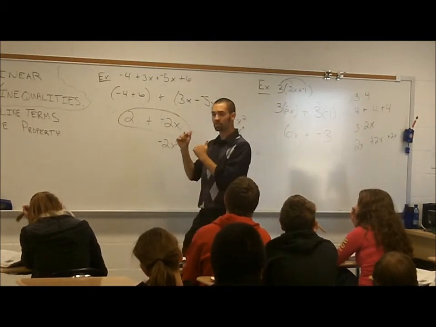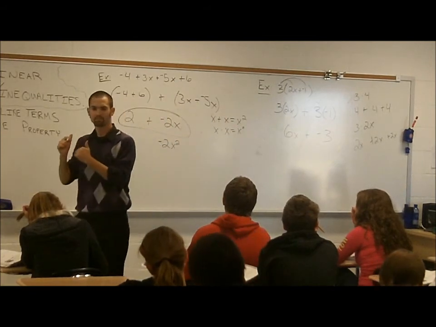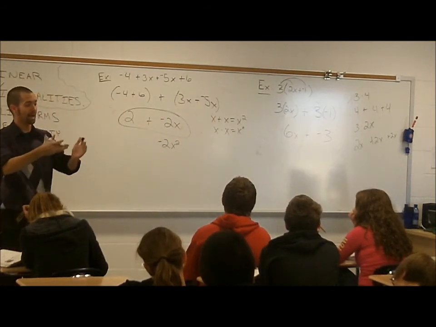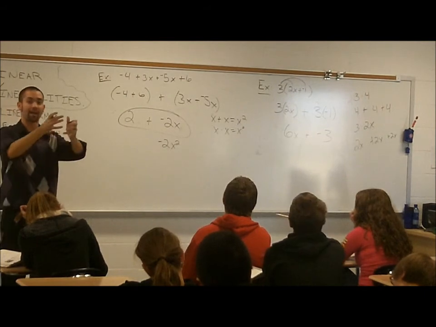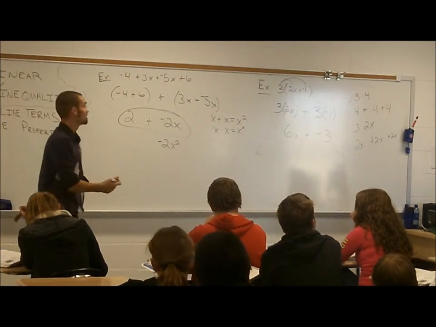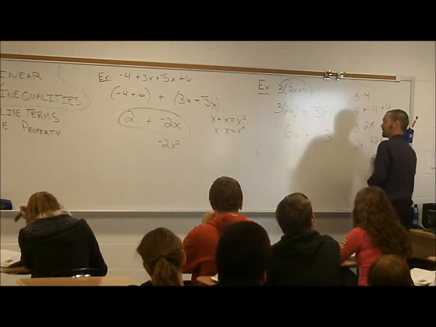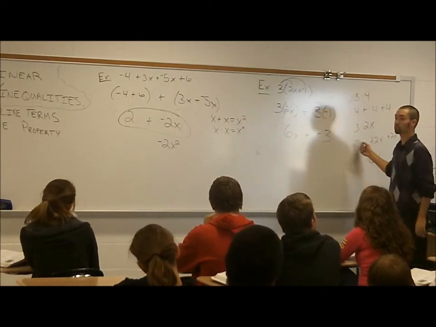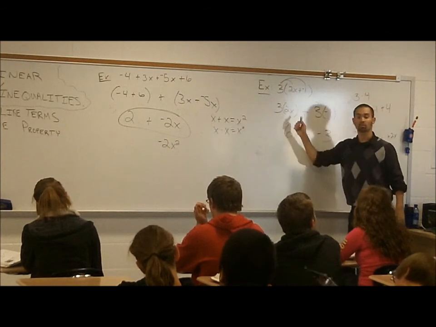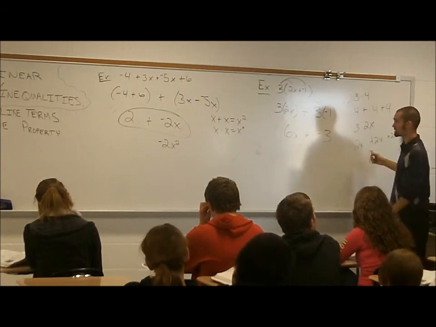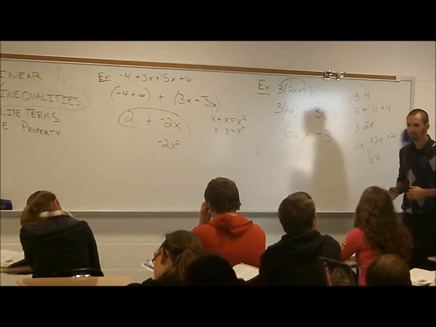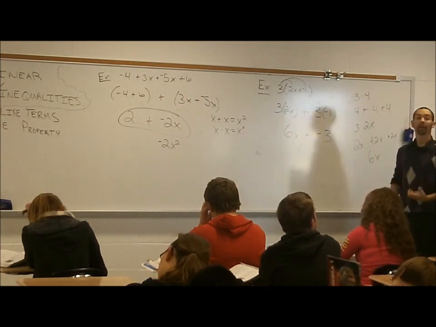Haven't we done that type of addition? Who do we add? Do we add the inside, or do we add the outside? So 2 plus 2 plus 2 is 6x. We just proved that Hannah was correct by using something we already knew how to do. Okay? So Hannah is right.